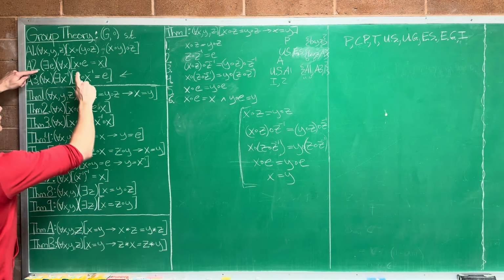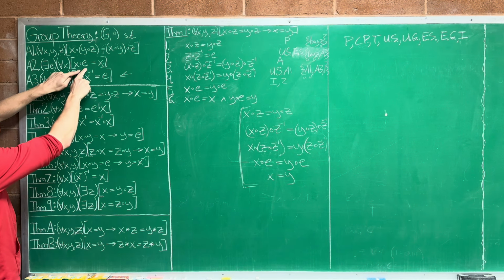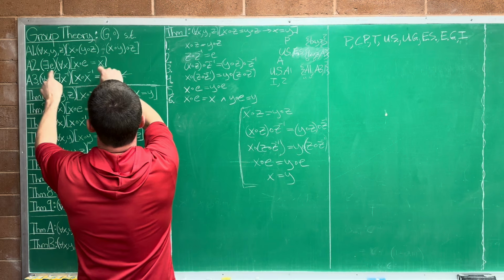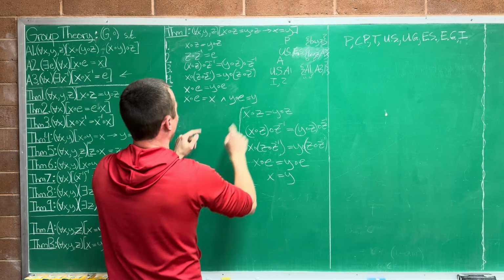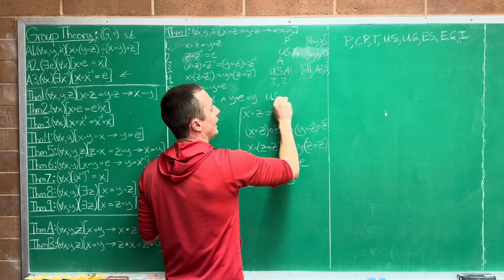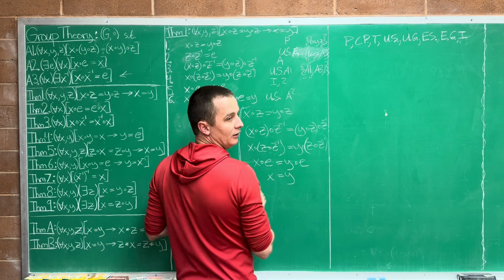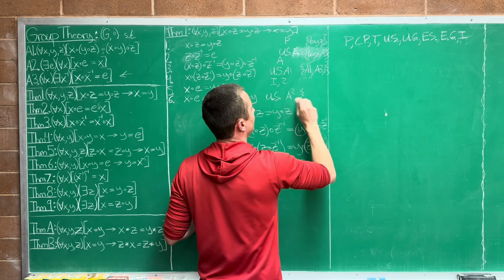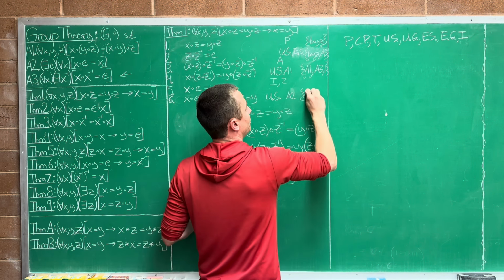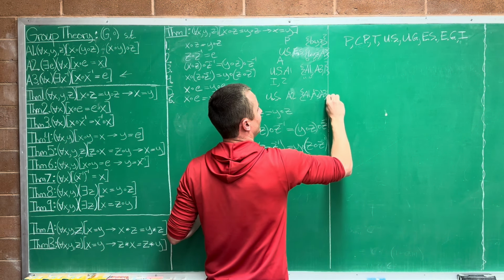This is universal specification twice on axiom 2, plugging in this variable for one and this for the other. We are now dependent upon axiom 1, axiom 2, and axiom 3 for our validity together with our premise 1.